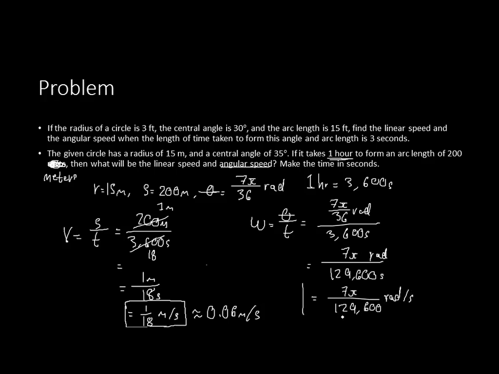You can approximate this one if you like. I'll just approximate it, because this is a very big number for me. So 7 pi all over 129,600. Oh my God.